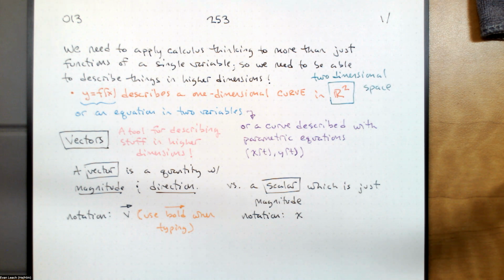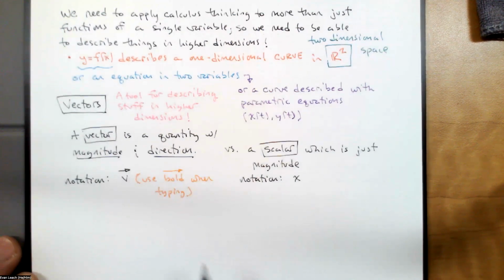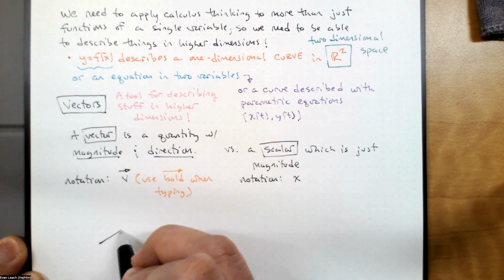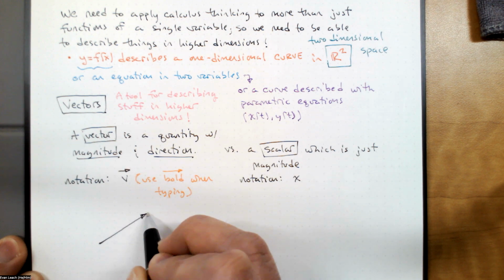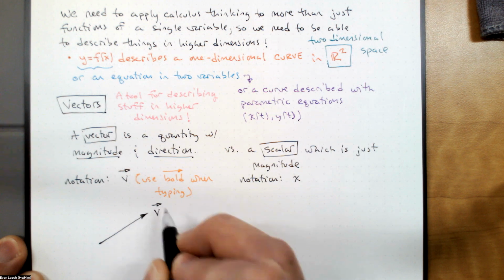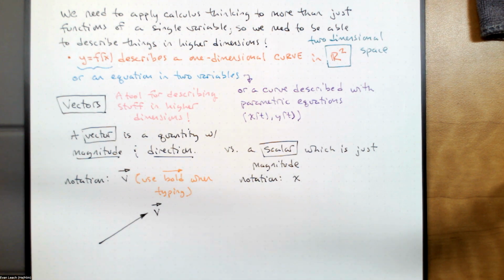So that's our notation for vectors. When we want to represent a vector, a lot of times we'll just use an arrow. We can draw vectors with an arrow, and then we write the name of the vector. So we represent a vector with an arrow.